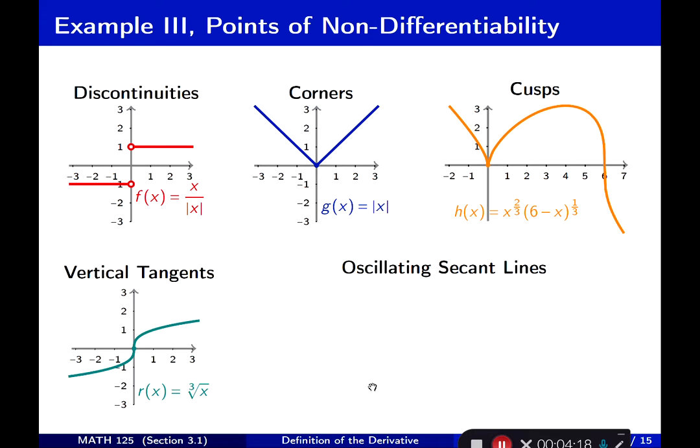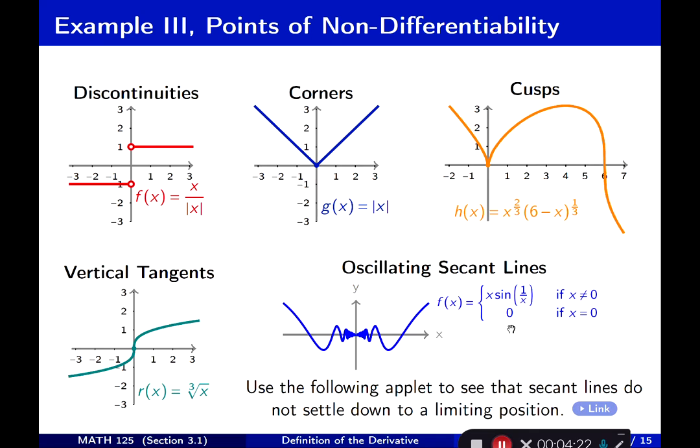And then there are oscillating secant lines. This is an example that we already discussed a little bit. f of x equal to x sine of 1 over x if x is not equal to 0, or 0 if x is equal to 0. If I go to this applet, you will see that the secant line basically oscillates too much.